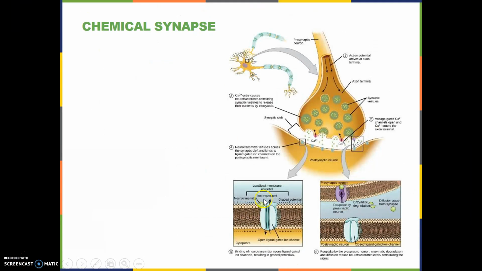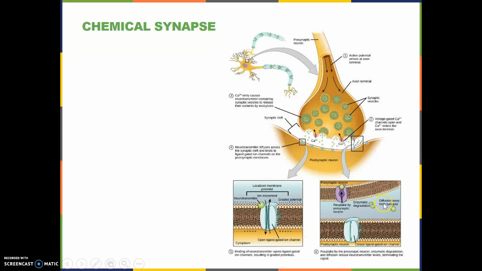And you can see that here. You can see the neurotransmitter is binding, the channel is opening, and some ion would move in, and maybe out. But anyway, some change would occur in the resting membrane potential of the postsynaptic neuron.